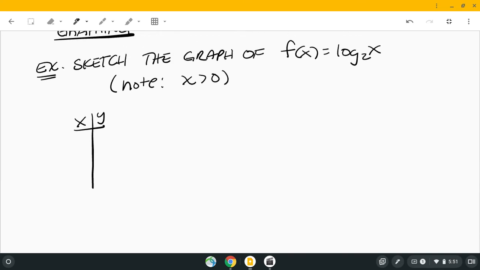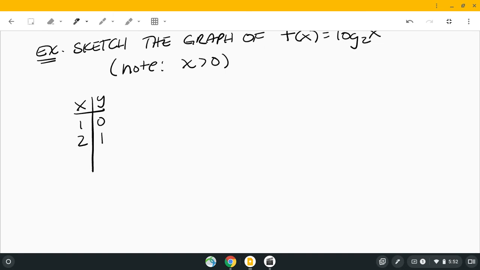So I'm going to go ahead and choose 1. 2 to what power is 1? 2 to the 0 is 1. And then I will choose 2. When I choose 2 here, 2 to what power is 2? 2 to the first power.